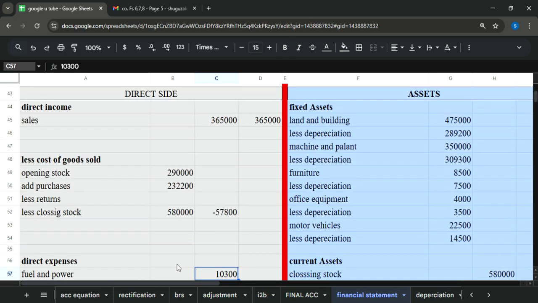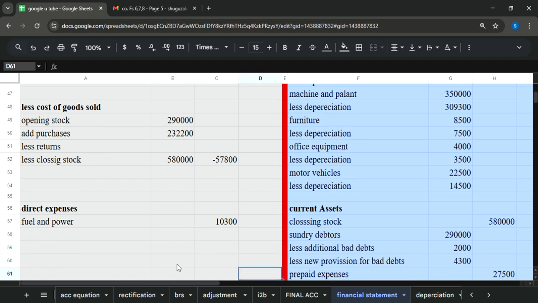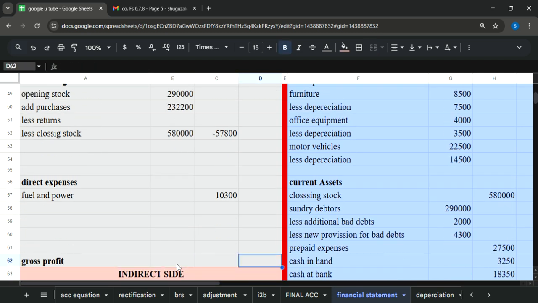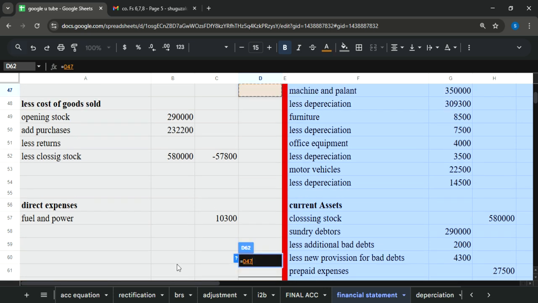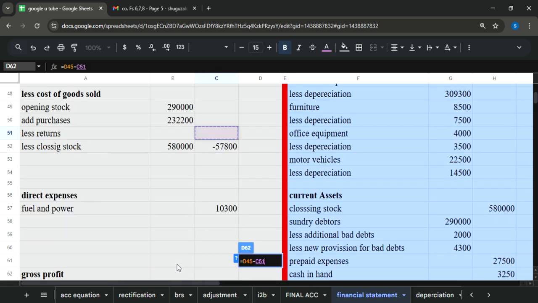Alright guys, let's see what happens. So we have fuel and power. Let's calculate our gross profit. So here you will go for sales and then subtract your cost of goods sold statement, and also subtract your direct expenses.